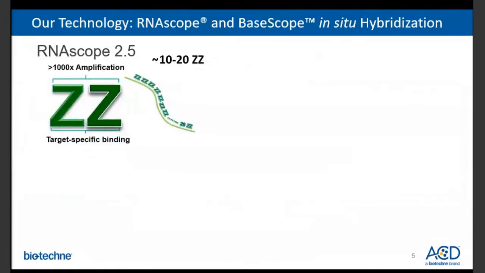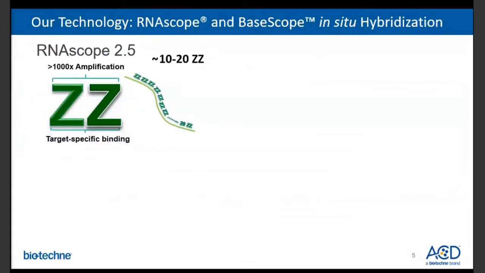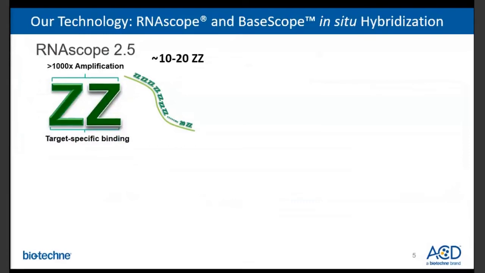The RNAscope technology includes two unique assays to detect RNA, one being RNAscope, and the other BaseScope, in the tissue context at the single molecule sensitivity with single cell resolution, both based on paired oligonucleotide binding to a sequence to generate signals.